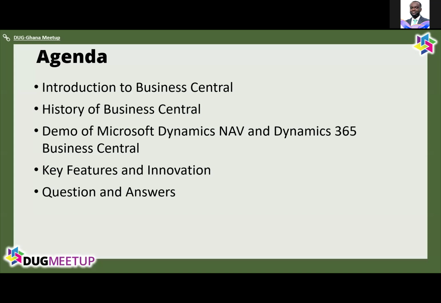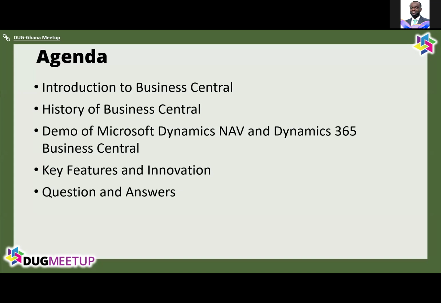Then we'll go through the history of Microsoft Nav and then Dynamics 365 Business Central itself. We'll also take you through some of the key features in Business Central. So what is Business Central?